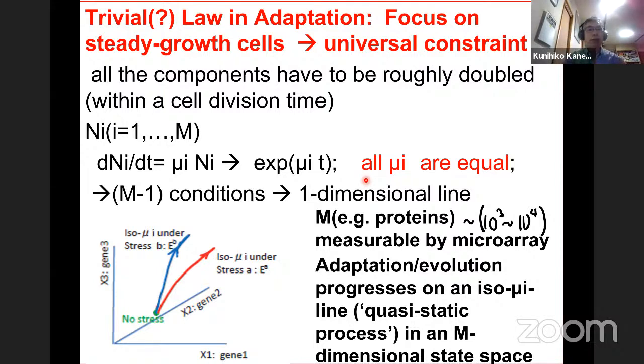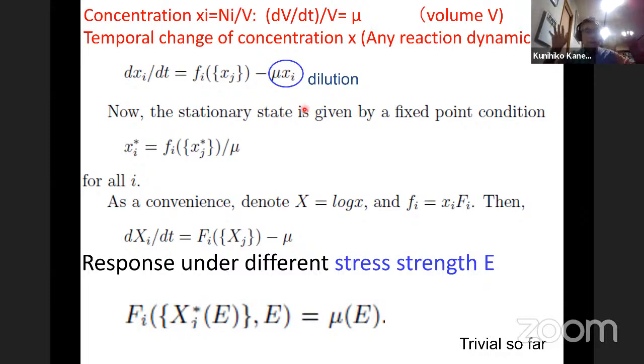So we can write up this kind of trivial condition. Consider x_i as the concentration of each component, the abundance divided by volume V, and the volume grows exponentially with growth rate mu. That means each component concentration is diluted at this rate mu.